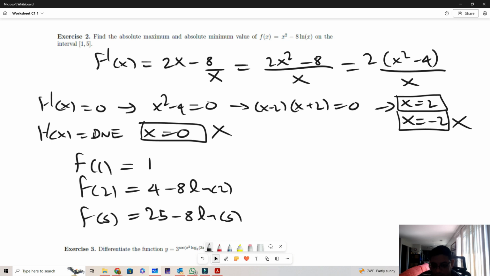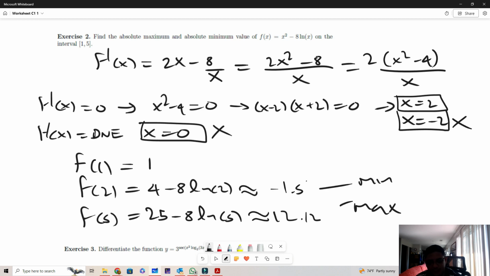So 4 minus 8 log of 2 is going to be about minus 1.5, and 25 minus 8 times log of 5 is 12.12. So this is clearly the max and this is clearly the min. These are the maximum and minimum values, and the minimum occurs at x equals 2, and the maximum occurs at x equals 5.